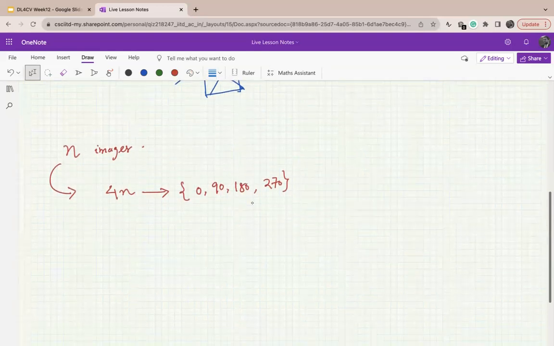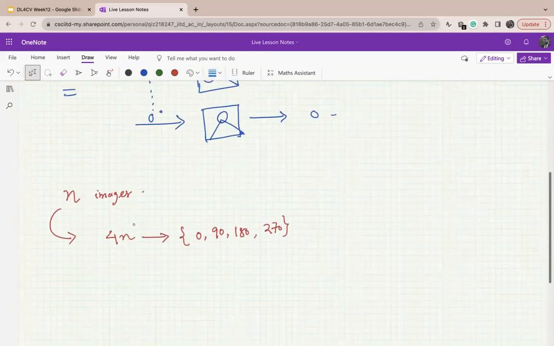So these are the input features, and these are the labels now.